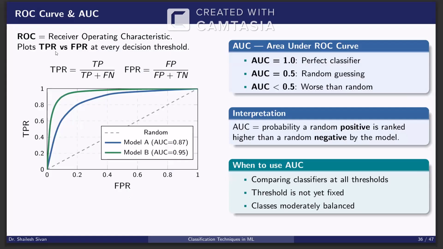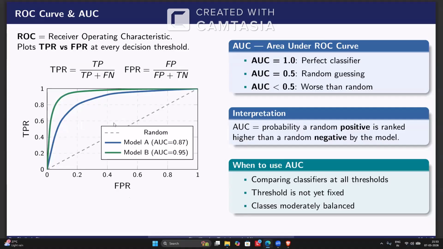ROC curve, receiver operating characteristic. It will plot the true positive rate and false positive rate. So this ROC curve gives us the true positive rate and false positive rate. Let me explain how it works.